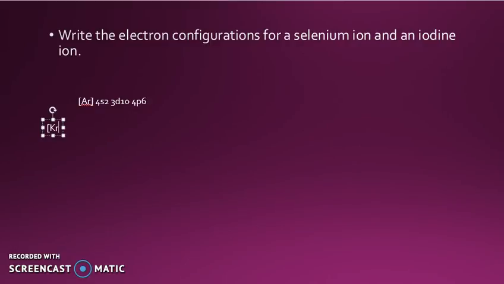So we're going to have krypton followed by, we're now in period 5, so 5s2 4d10, and then 5p5 for iodine. The iodine ion would gain enough to fill that p sublevel, and it would be 5p6.